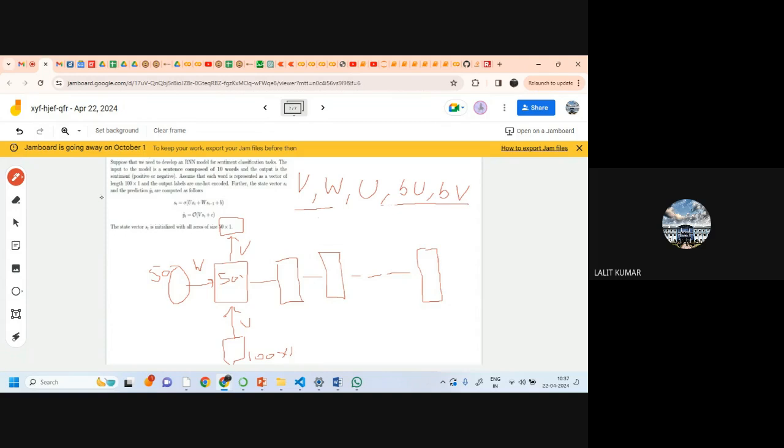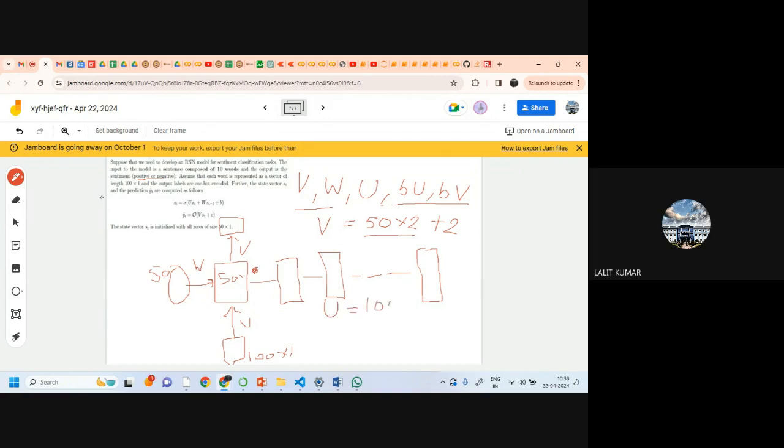Okay, so we calculate V, which will be 50 x 2. Why is it 50 x 2? Because here it is a sentiment classification, positive or negative. So this becomes 50 x 2, and there will be one bias. So this bias will become 2. Now we come to U. U is 100 x 1 going to 50.